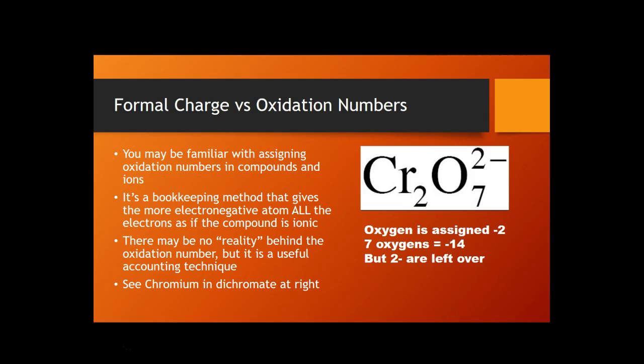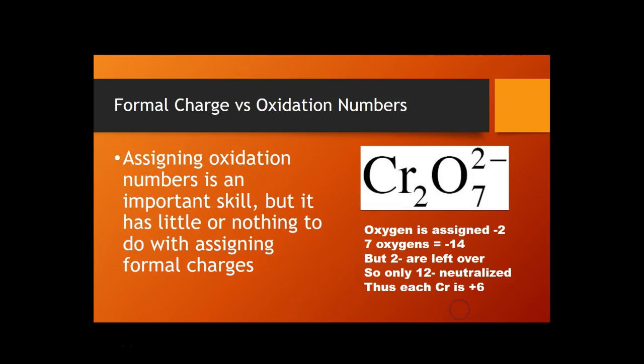However, the overall ion has a charge of -2, so that's going to be left over after we neutralize the other 6 oxygen -2s. Only 12 of the negative charges are neutralized, and there are 2 chromiums to do it, so each chromium is assigned a +6 oxidation number.